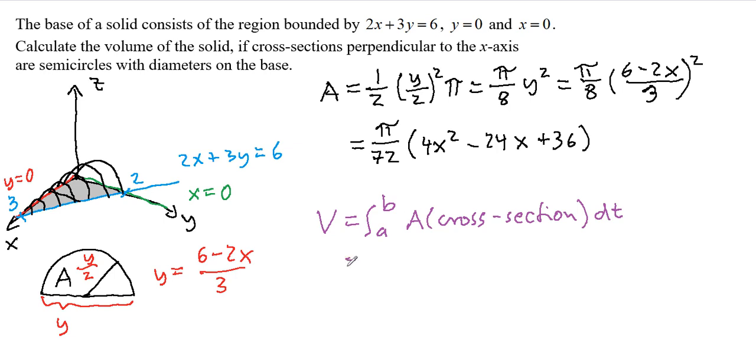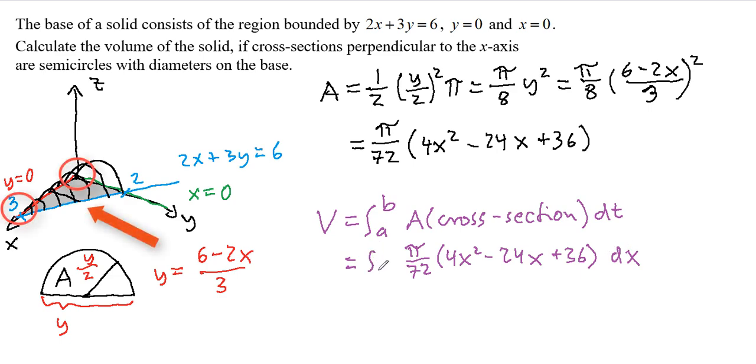In our case, our cross-sectional area is the one that we've just found, namely pi over 72 times 4x squared minus 24x plus 36. And since our semicircles have the diameter cutting through the x-axis, we're integrating with respect to x. And these diameters run from 0 all the way to 3. It is easy to integrate this integral.